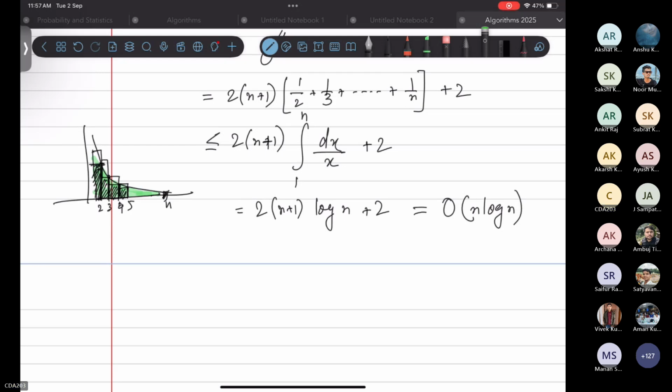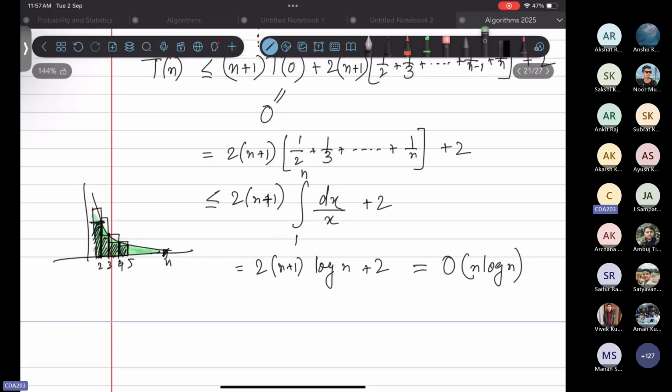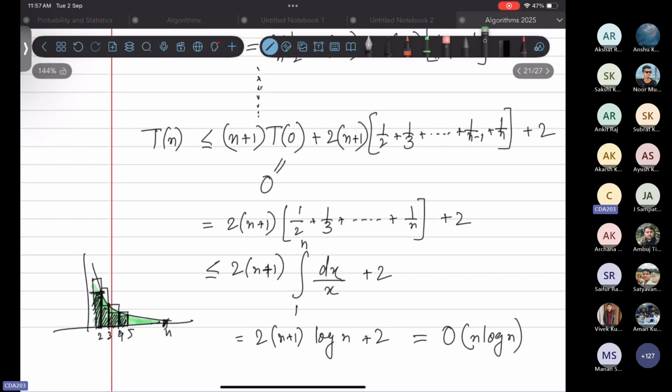So what we're saying is that on an average, we are having n log n running time, but compare this with merge sort. Merge sort, we know that it's always going to be n log n. Now, which one is better?